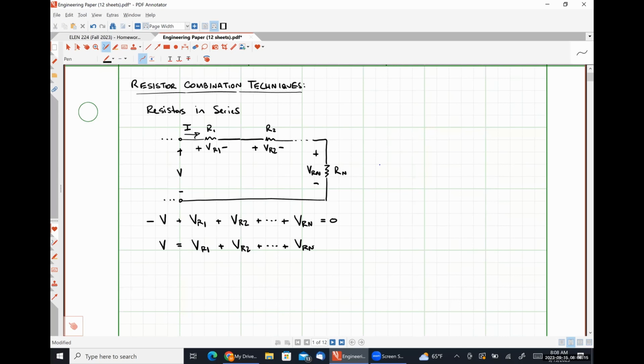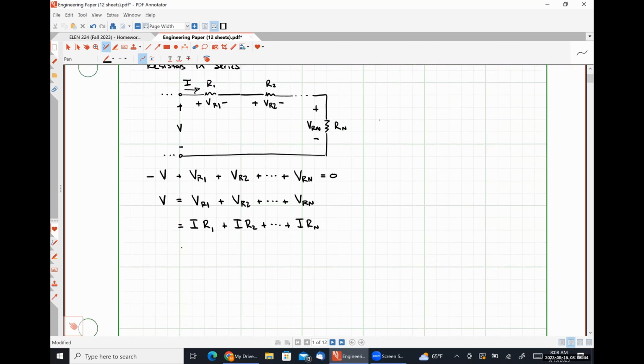Now I'm going to use Ohm's law and express all of those resistor voltage drops in terms of that current I that's flowing through all of those series resistors. So that's going to look like I times R1 plus I times R2 all the way out to I times Rn.